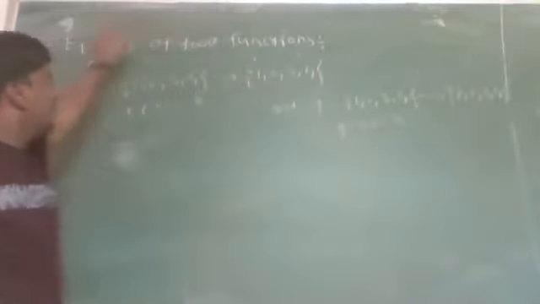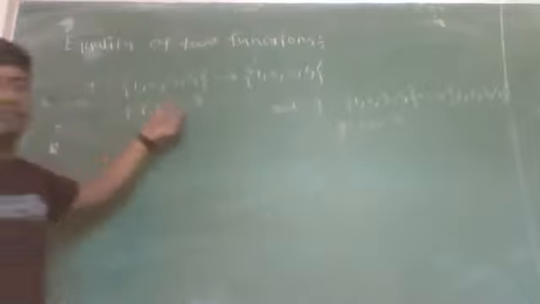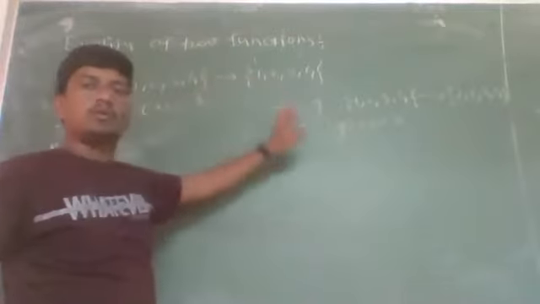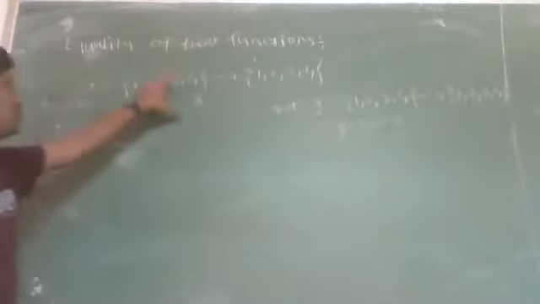Now we have to check whether the functions f and g are equal or not. Here both functions are equal, since if we take any element belonging to the set 1, 2, 3, 4, f of x is always equal to g of x. Hence these two functions are equal.